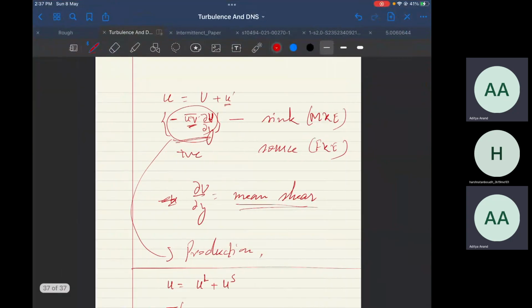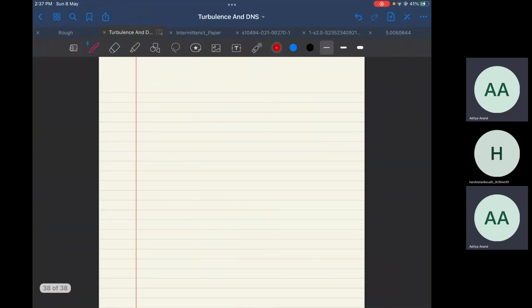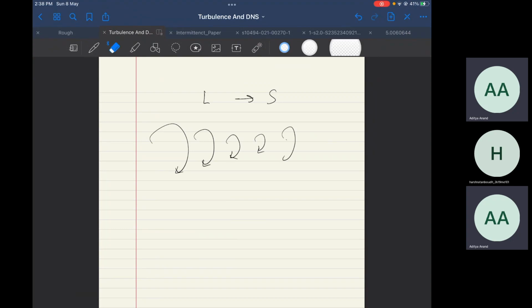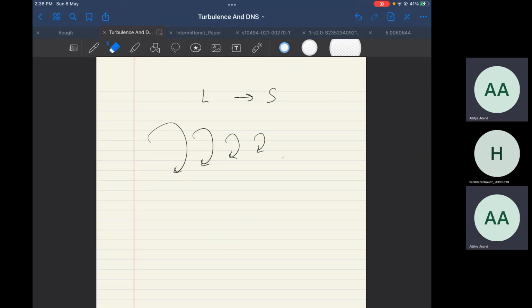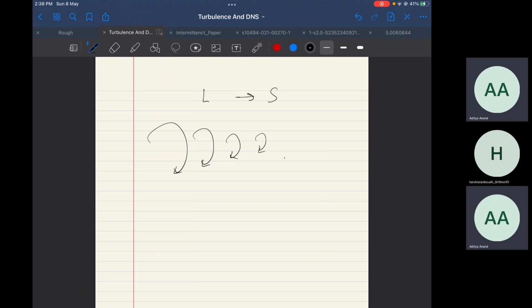Like I said, what the energy cascade says is that energy is being transferred from large scales to smaller ones. So you have a hierarchy of structures from large to smaller ones. The theory says that these scales interact among themselves, and they transfer energy subsequently from these larger to smaller scales.